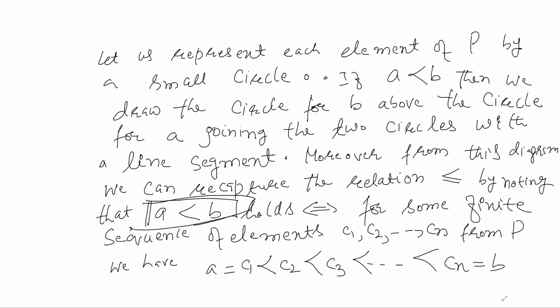For example, you can just draw a few diagrams. You can take the two element poset, and there is a line segment. So this is just a two element poset.